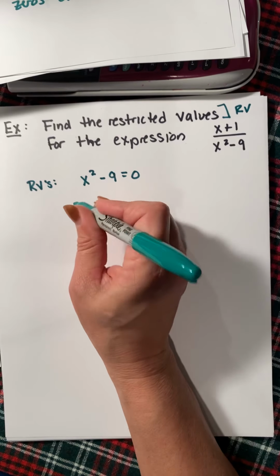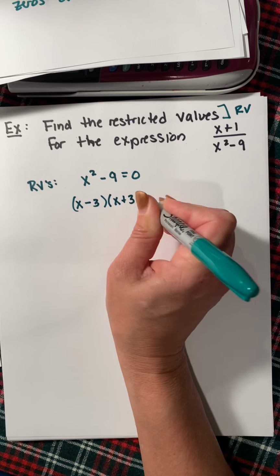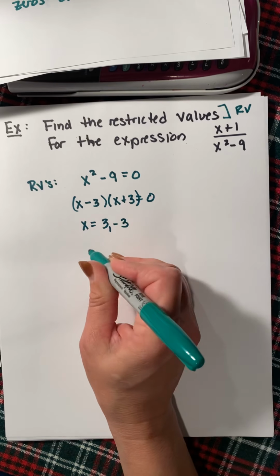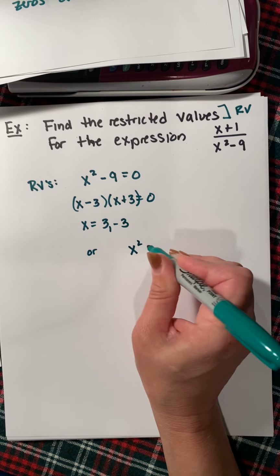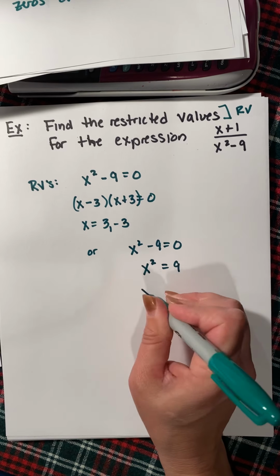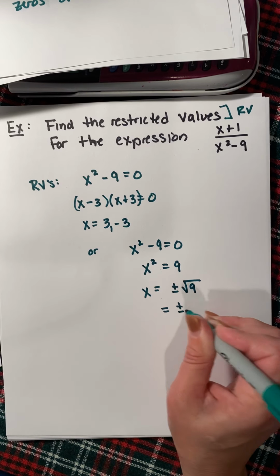So you can factor this. This is just the difference of squares, right? So we get the two factors, 3 and -3. Or you could have done, just for a friendly reminder, you could use the square root property. It's something squared equals a number, so that something equals the positive or negative square root of that number. So positive or negative 3.